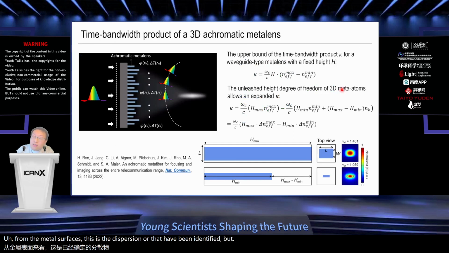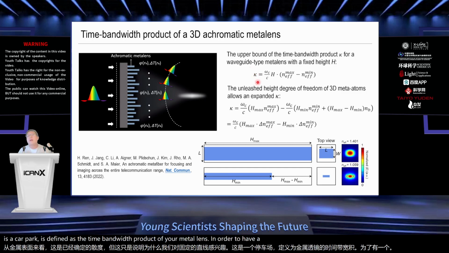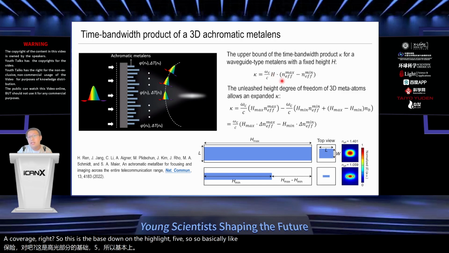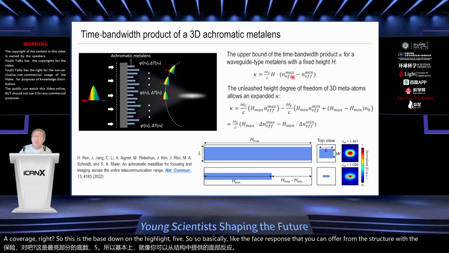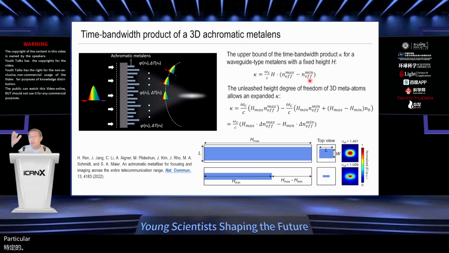But just to show why we're interested in 3D meta-optics: this kappa is defined as the time bandwidth product of your metalens, in order to have broadband coverage, right? This is based on the height. Basically it is the phase response that you can offer from the structure, with the maximal effective refractive index and the minimal refractive index, particularly for the truncated waveguide type of metasurface.